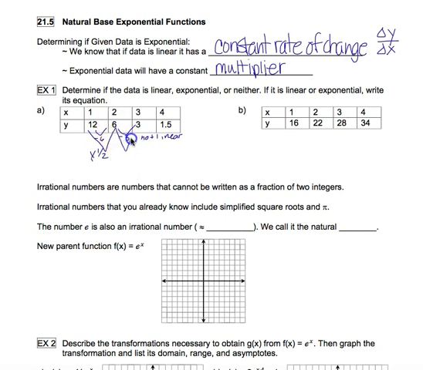Then from 6 to 3, 6 times 1/2 is 3. We'll see if it stays constant: 3 times 1/2 would be 1.5. So we have found a constant multiplier. We will say here that this is exponential because we have a constant multiplier of 1/2.